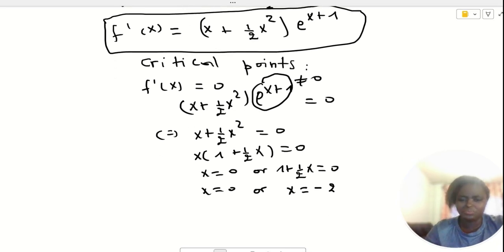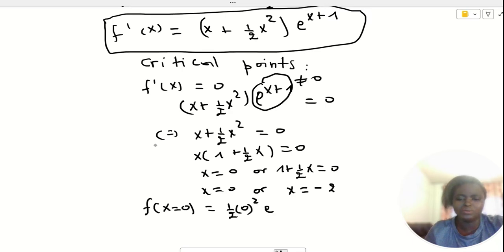Then for the critical points, we need to find f of 0. Our function is 1/2 x² e^(x+1), so f(0) is 1/2 times 0 squared times e^1, and 0 squared is 0. So this is equal to 0.